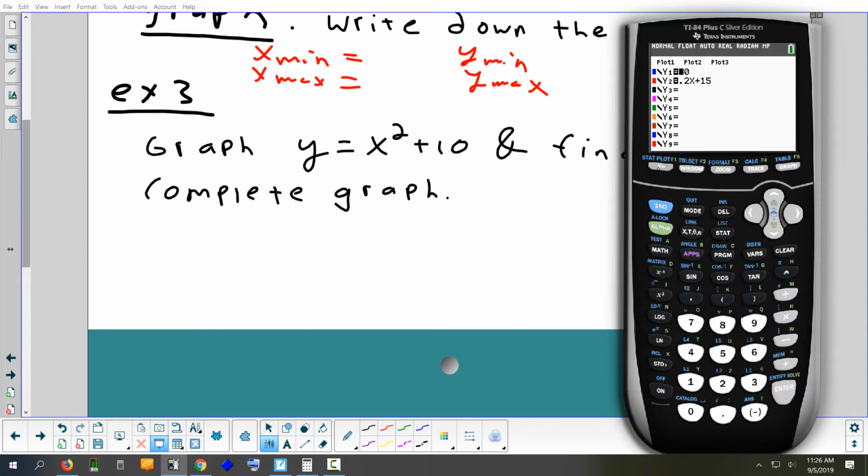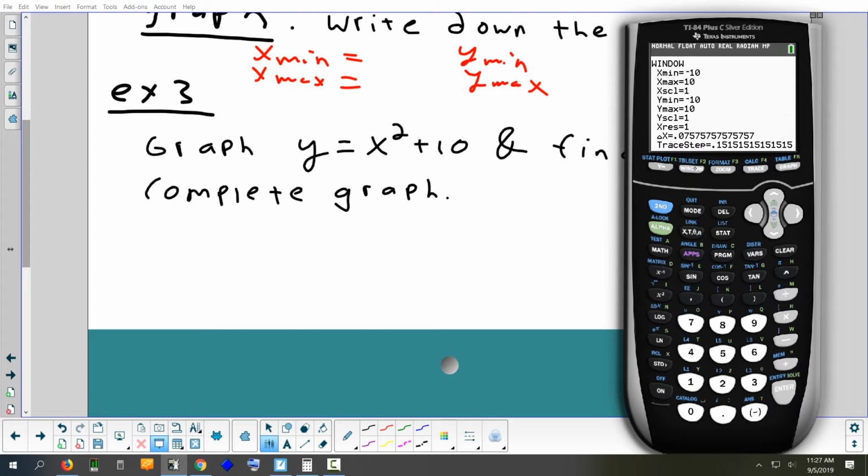Okay. So let's try x squared plus 10. I'm going to clear y2. Zoom 6. Okay, the calculator is drawing something, and it's done. Is that a good window? No. If you can't see what you're doing, that's not a good window.